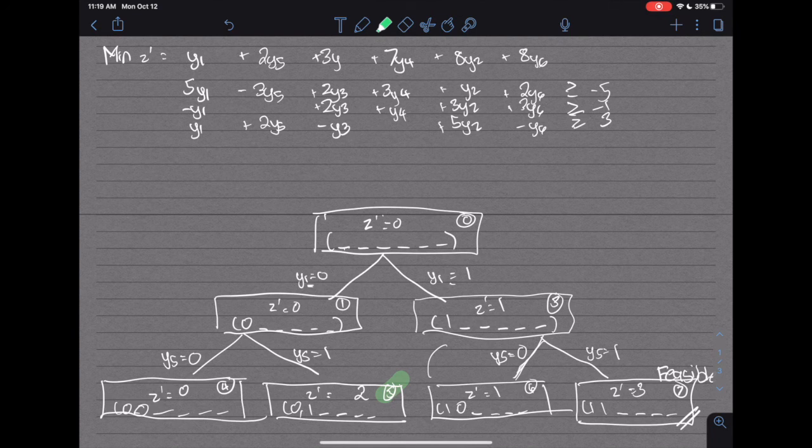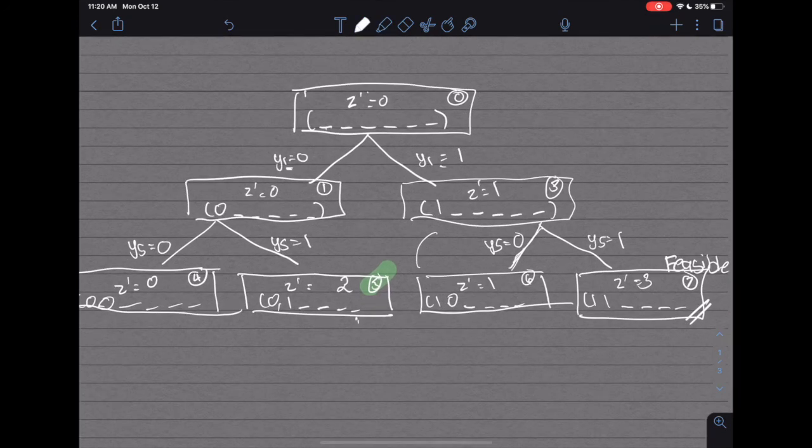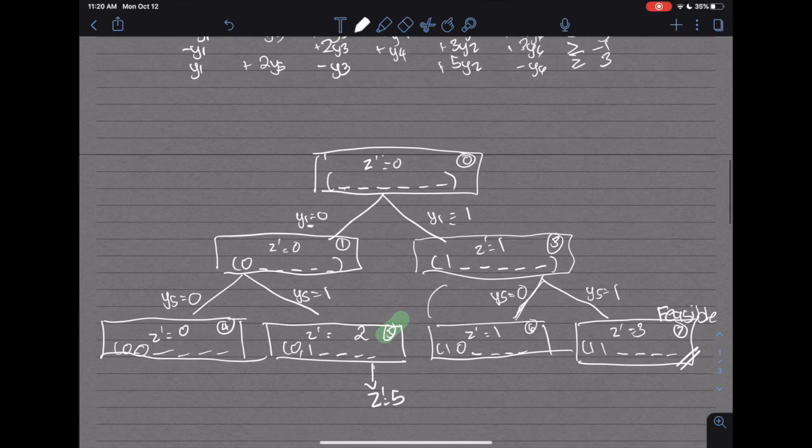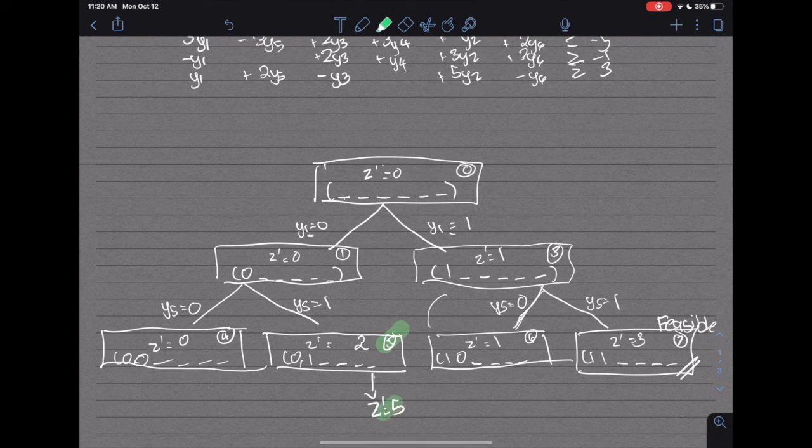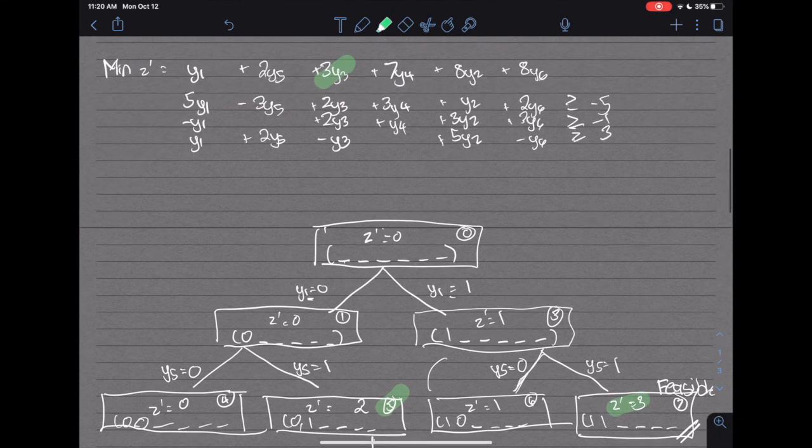Current z prime value of node 5 is 2, and the next variable to get a value is y3. If y3 gets a value, your z prime value will at least be 5. Now let's check, is 5 inferior to 3? Since this is a minimization problem, we want a lesser value, or we want to maintain the lesser value.